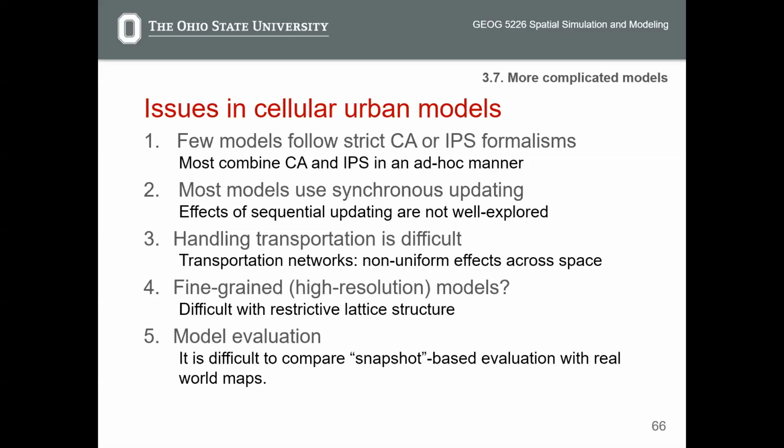And that is a snapshot. And eventually, when you finish running the model, there is a static snapshot in front of you, providing you a specific pattern. That is also a snapshot. Again, it's pretty hard to compare these snapshots with real world maps.